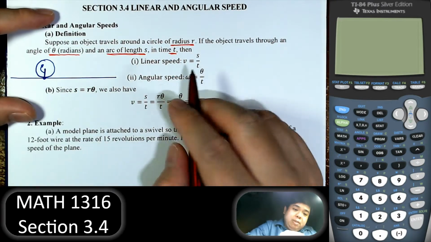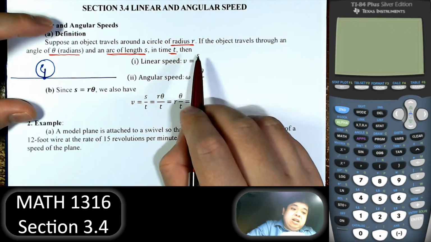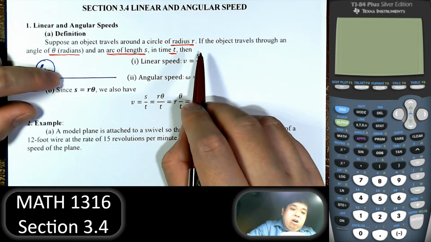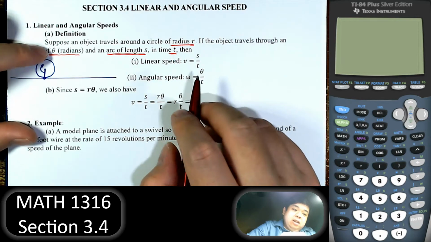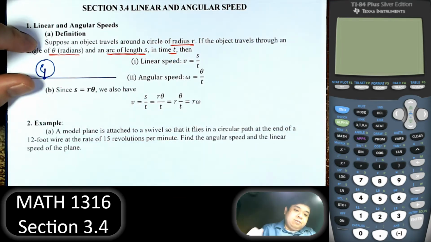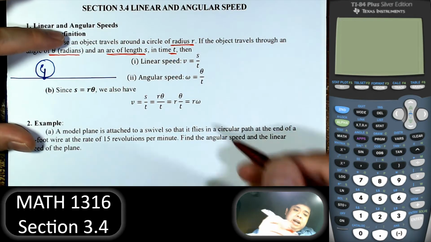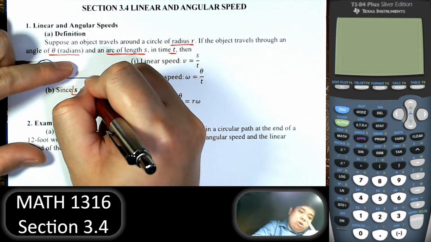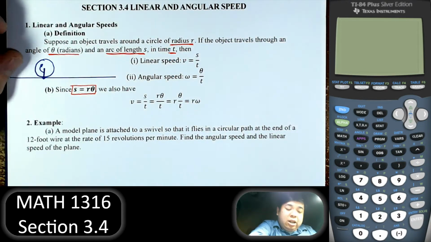So the speed is distance over time, and the distance this time will be the arc length, and the angular speed is the angle divided by time. Right. So very straightforward. And finally, s is equal to r times theta. The arc length is equal to the radius times the center angle.